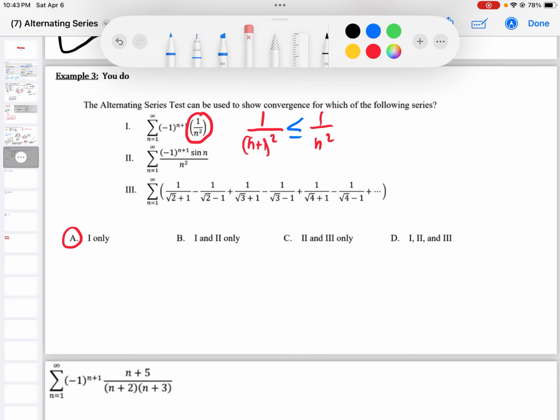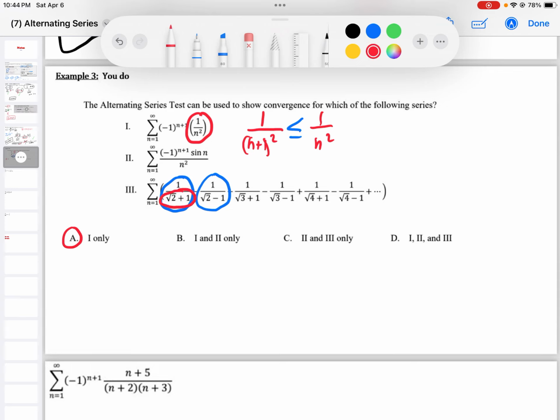This one does not converge because I'm not looking at the positive negative part, just looking at the a_n. Are these decreasing? And I don't think they're decreasing for the same logic from before.